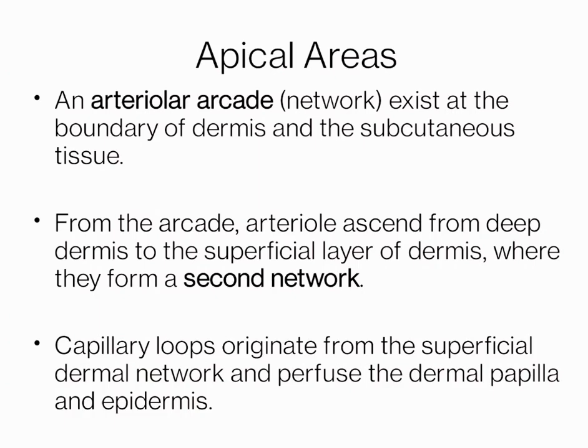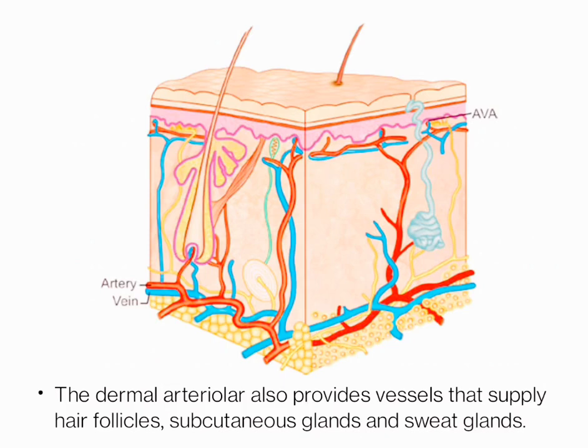From this network, arterioles will ascend from the deep of the dermis to the superficial layer of the dermis, where they form a secondary network of the capillaries. And the capillary loops will originate from the superficial dermal network, and they perfuse the dermal papilla and the epidermis also. You can see these blood vessels very clearly in this picture.